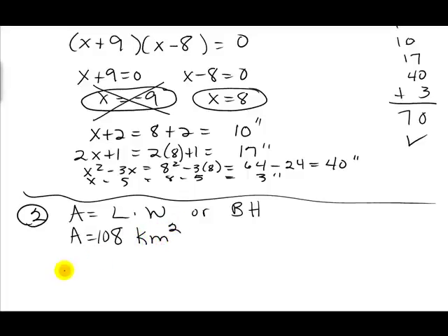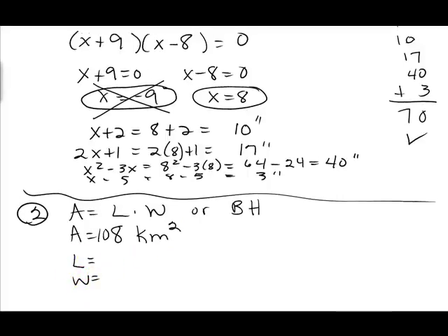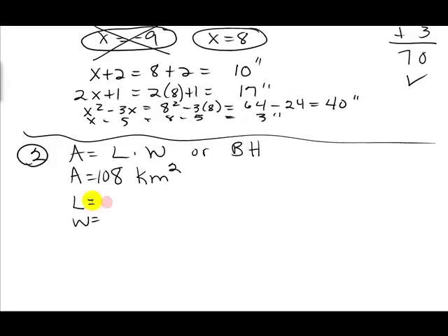108 square kilometers. They also mention the length and the width, but they talk about those in relationship to each other. It says the width equals 6 kilometers less than twice the length. All I did was translate here.